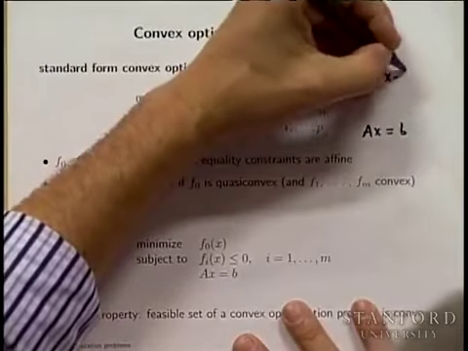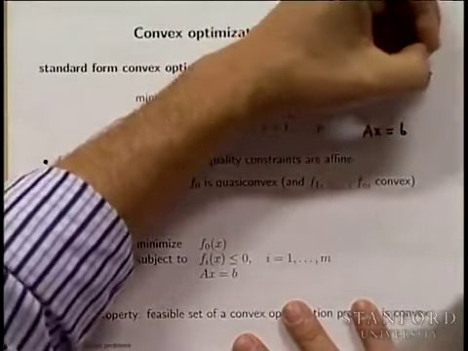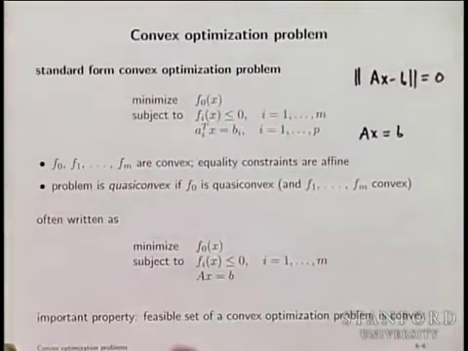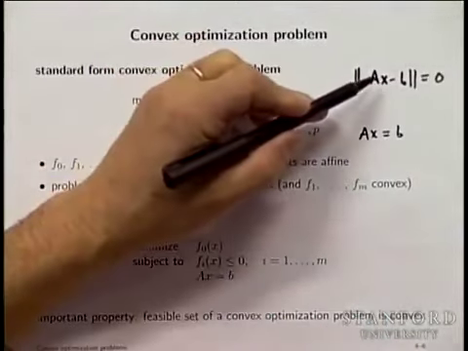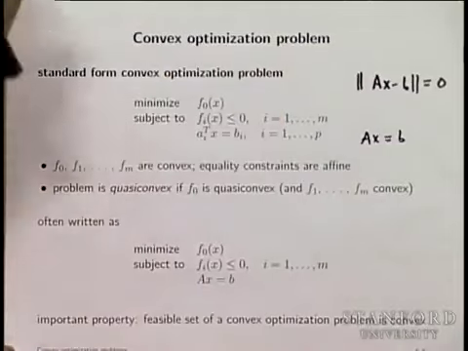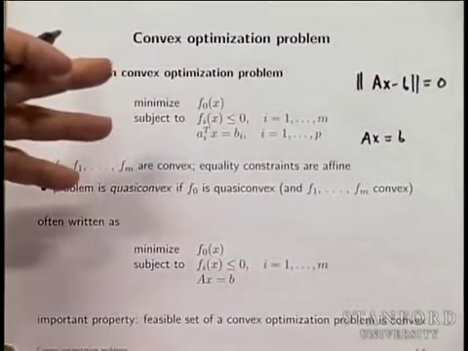There are other weird ways to write Ax equals b, and they will not work with these things. For example, I could write the norm of Ax minus b equals 0. You have to admit, if the norm of Ax minus b is 0, Ax is equal to b. So I haven't changed anything here.